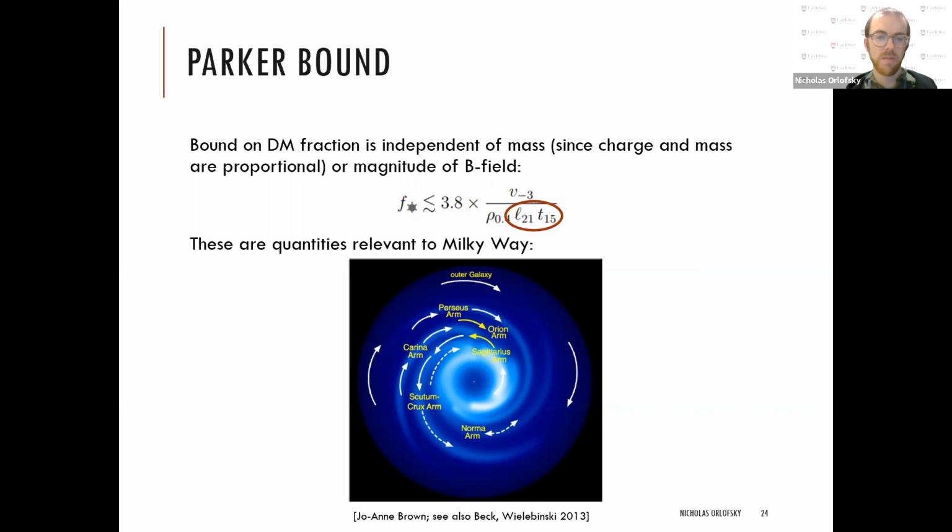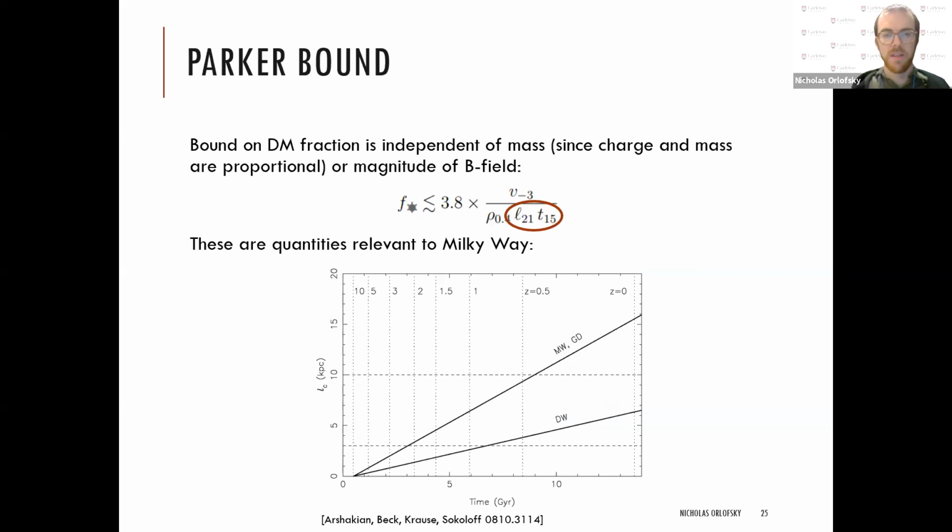There's some going in one direction, some going in opposite directions. It turns out the regeneration time is directly related to the coherence length. The longer the coherence length of these magnetic fields, the more time it takes to generate them, as you may expect. And this is under some dynamo action model of generating these magnetic fields.